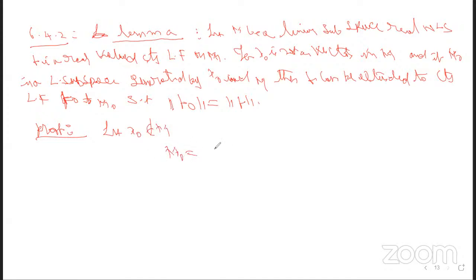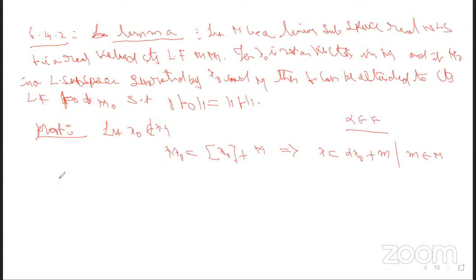M0 equals x0 plus capital M. So every element of M0 can be written uniquely in the form x equals alpha x0 plus small m, where small m belongs to capital M. What is alpha here? Alpha belongs to capital F, nothing but the scalar field.